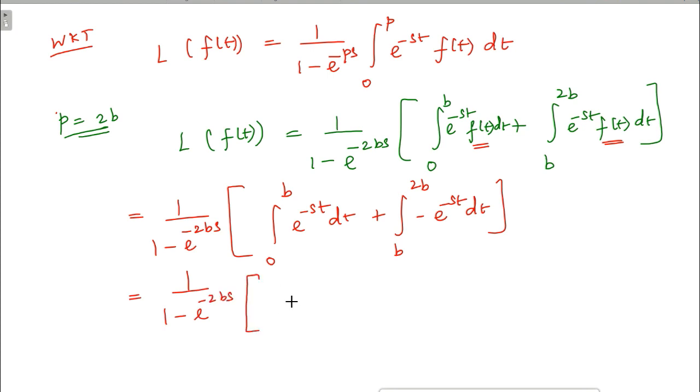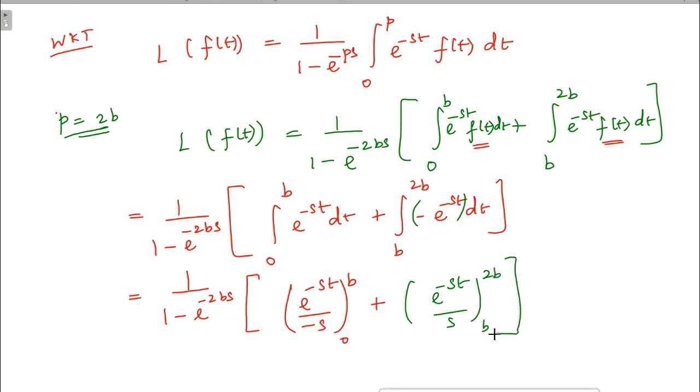If you integrate, you get e power minus st divided by minus s. After integrating you have to substitute the limits. Plus, if you integrate this term you get e power minus st divided by s only, since one minus is already there, so I have multiplied by that minus.